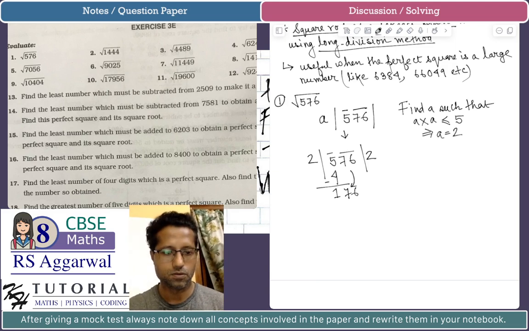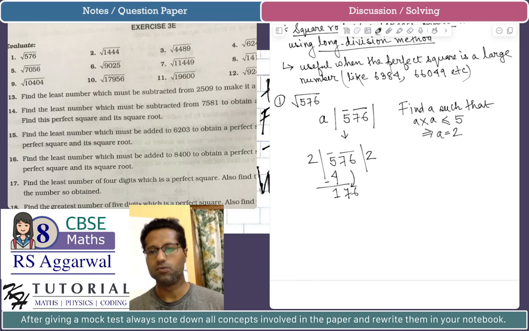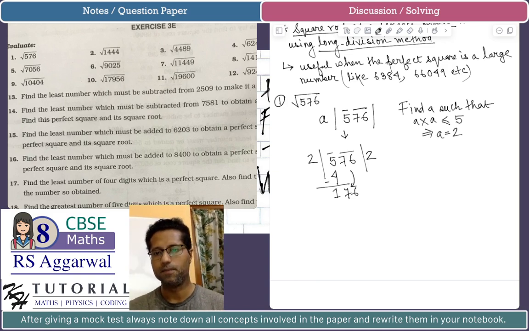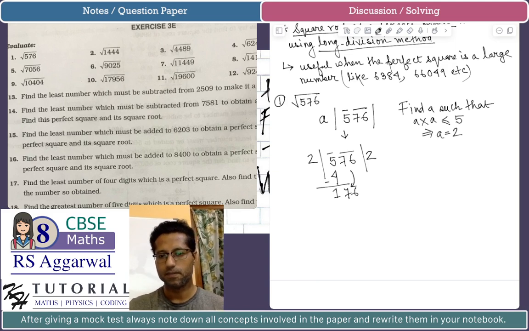Then 2 multiplied by 2 is 4, we subtracted 4 from the period, and the remainder was 1. Then we brought down the next period, 76, so the new dividend is 176.